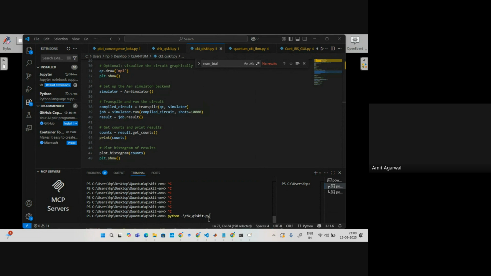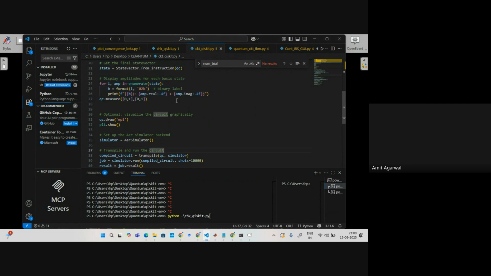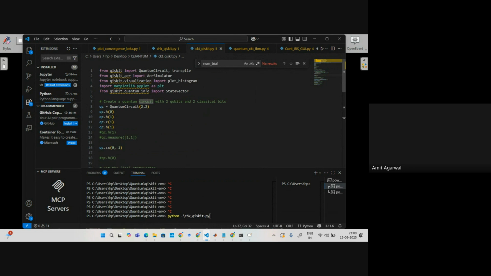What we are going to do here, we have written a script for that. Here we will install all the packages and import the libraries. And next we will start creating the quantum circuit.